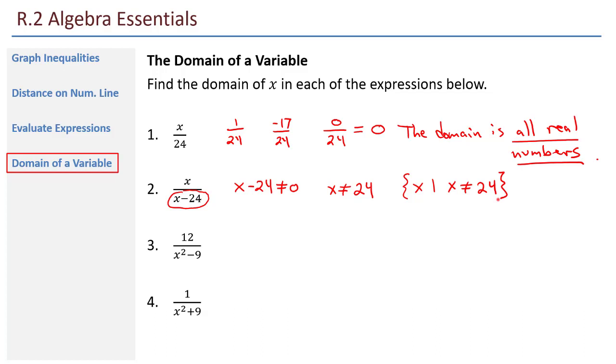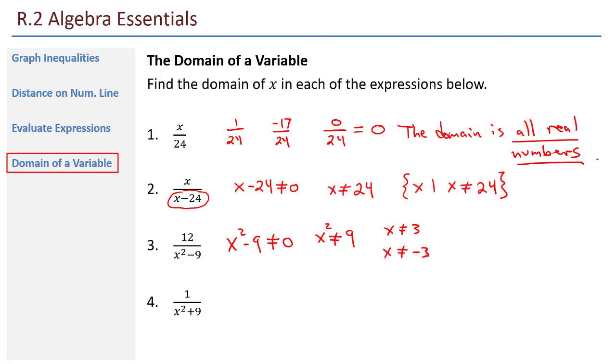All right, problem number 3, continuing as before. x squared minus 9 may not equal 0. So in other words, x squared is not allowed to be 9. Now this is interesting. There are actually a couple of solutions to this. Squaring x, x can't be 3, and x can't be negative 3.